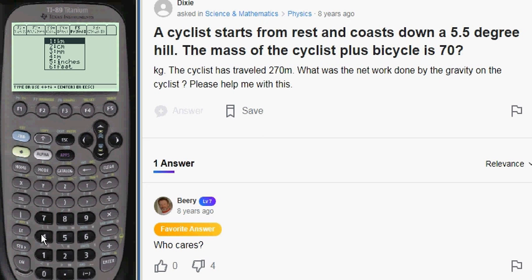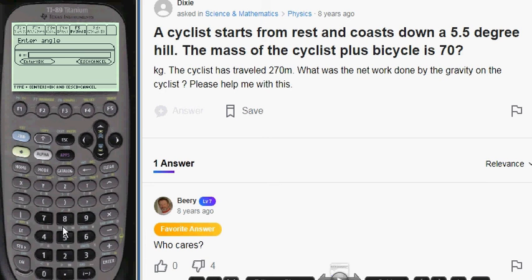Number 4, meters. I would show you how to do the conversions if they do that. They might put centimeters or something. I'll show you how to convert it. Everything's converted to kilograms and meters. And then we're going to enter the angle. Angle is 5.5 degrees. Alpha, 5.5 degrees.